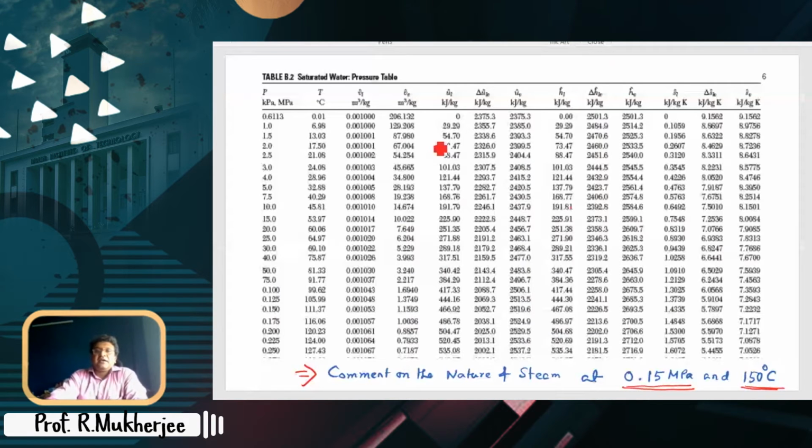See, what is given is 0.15 megapascal, right? So for 0.15 megapascal, you go here and you find out the saturation temperature is 111.37 degrees centigrade.